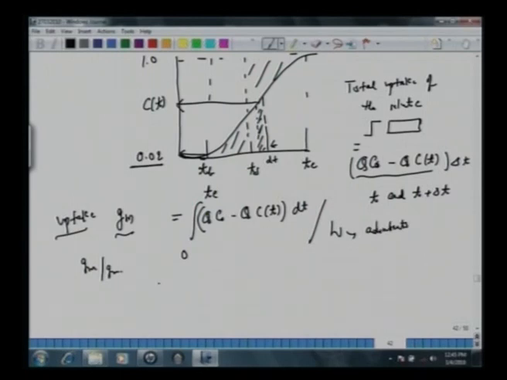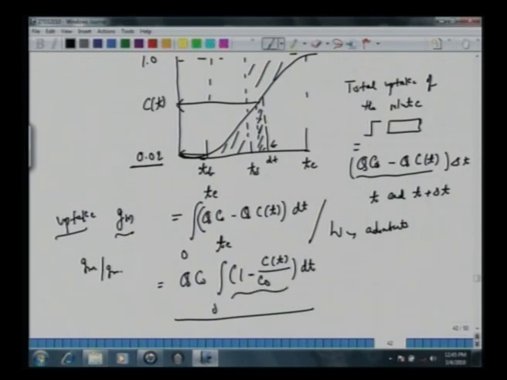Anyway, coming back to this, Q is a constant, C0 is a constant. One can take QC0 outside. We have the integral from 0 to Te of 1 minus Ct over C0, dt. This is the total amount. And what is this quantity, 1 minus Ct over C0? Look at this curve. You should convince yourself this is nothing but the area above this curve.